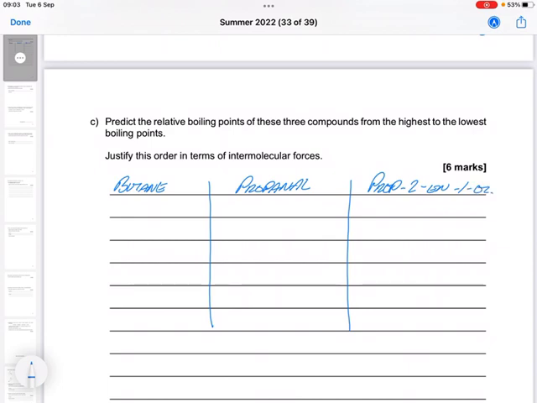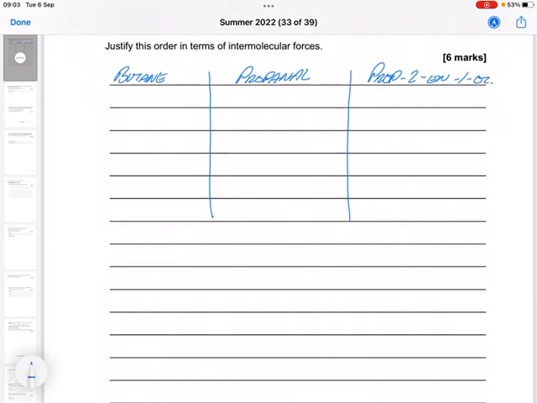Okay, so let's start with the intermolecular forces. Well, they're all simple molecular, first of all, so that's always a good place to start. So simple molecular, don't forget you must write this out in full, you can't use abbreviations. So I would write that right across there, simple molecular. And then the next part, for butane, this is van der Waals, and again, you mustn't abbreviate this until you've at least written it once, and then you can put VDW in brackets and use that from there on in.